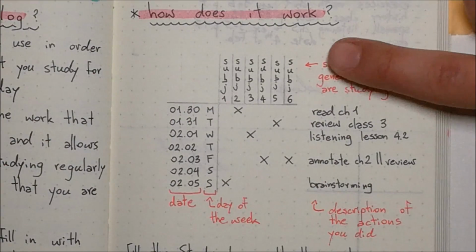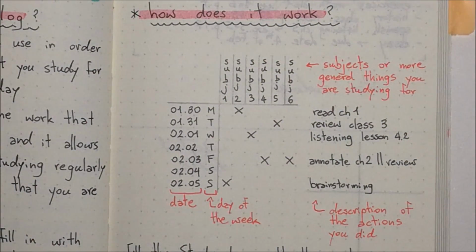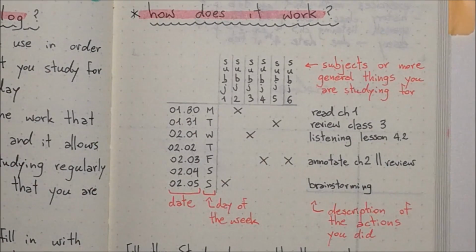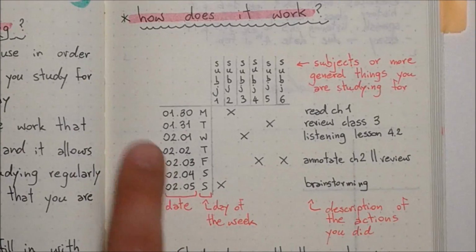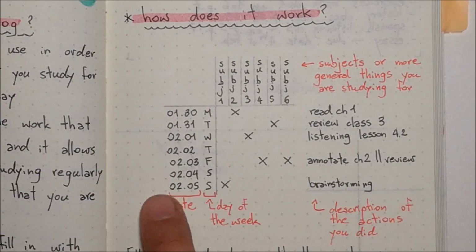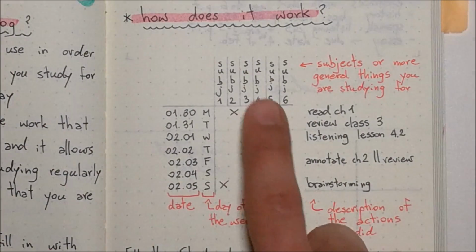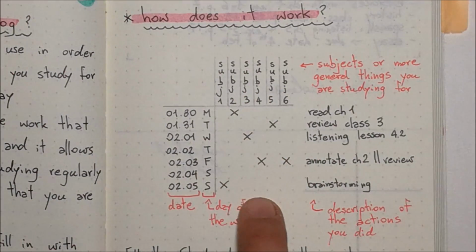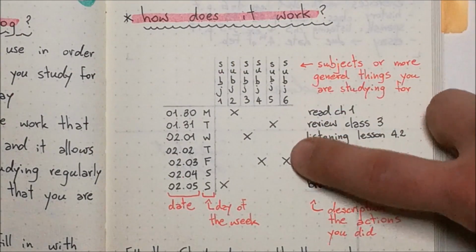As you can see here on this side, you have the subjects or general things that you need to study for. It could be a new skill, for example, or a musical instrument that you want to improve on. On this side, you have the time information. So you have the date and the day of the week. You use this area here in the middle to keep track of which subject you studied for on which day.